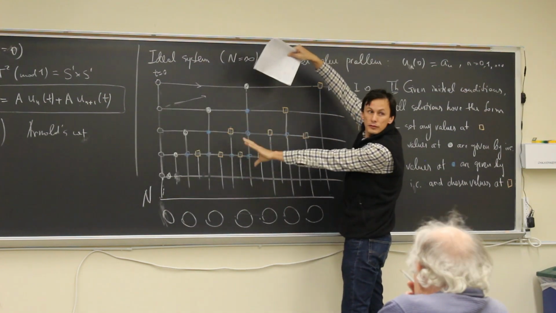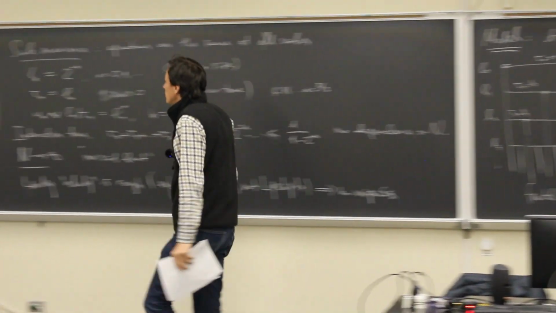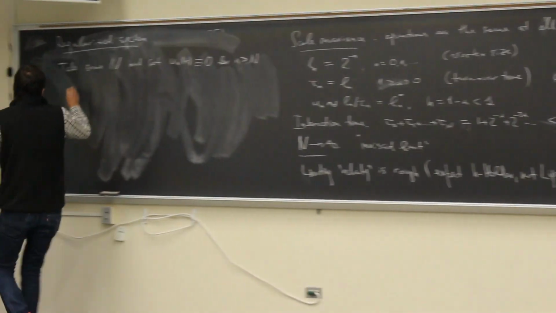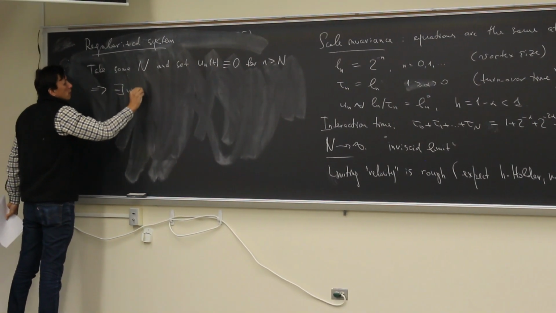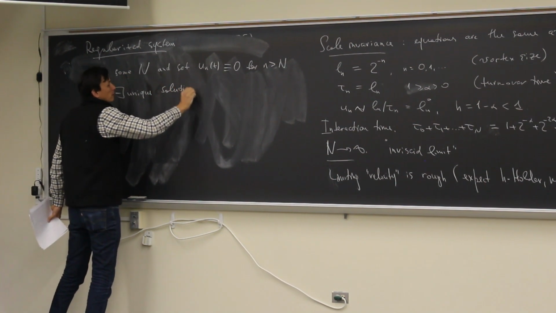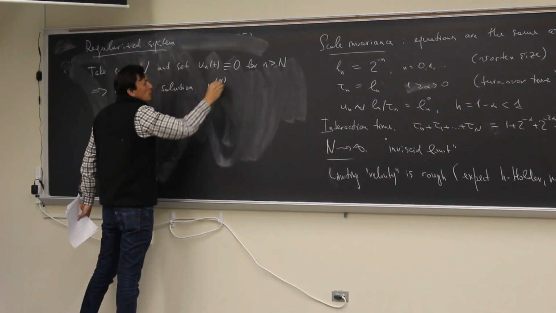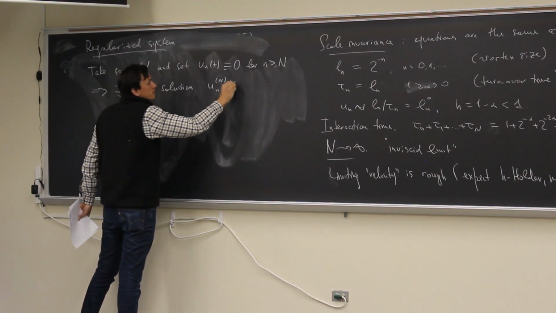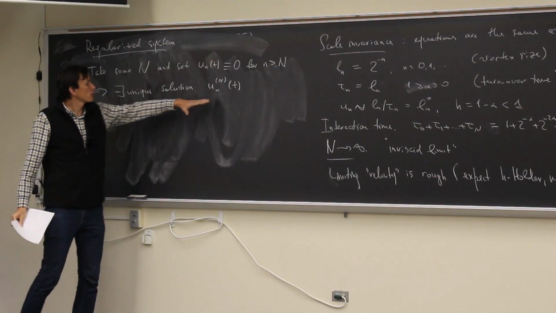So the solution from now on is unique. There is a unique solution for any initial condition, but it depends on this capital N. So for every capital N, we get a solution.